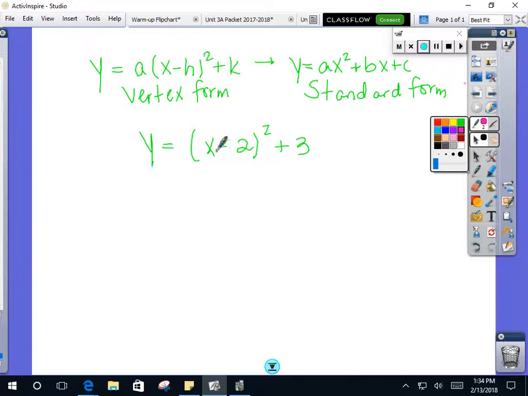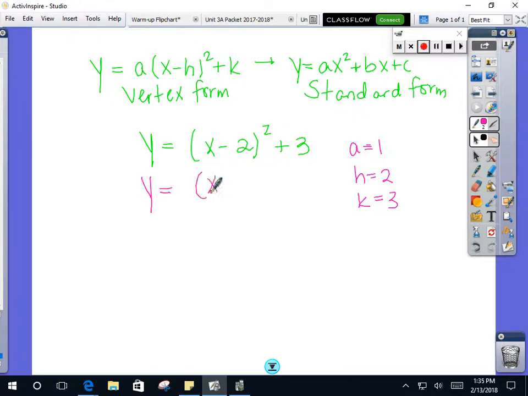A is what? H is? And k is 3. Okay, so this is squared, so it means you write it twice. Okay, now what do I do with that?